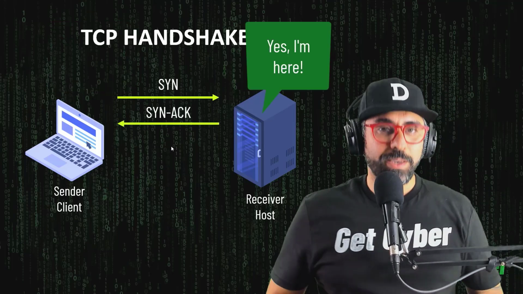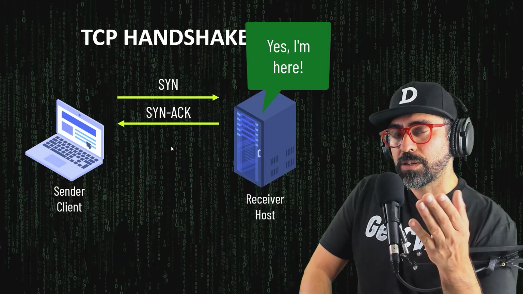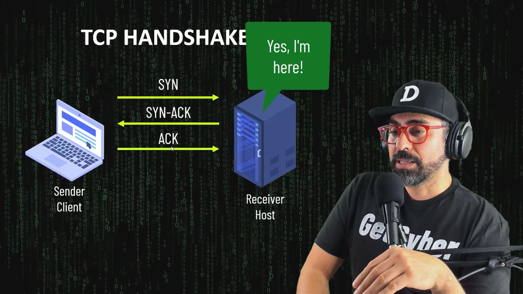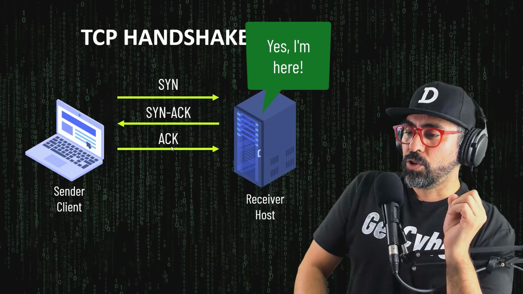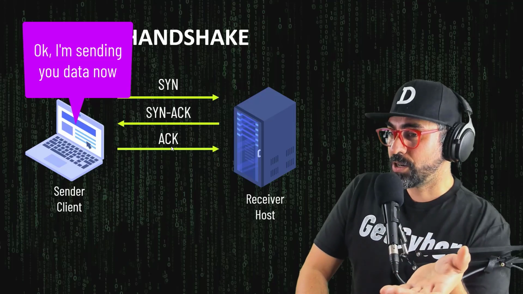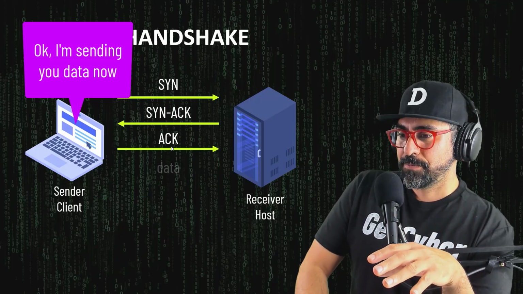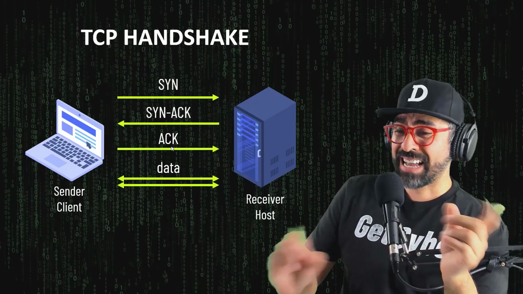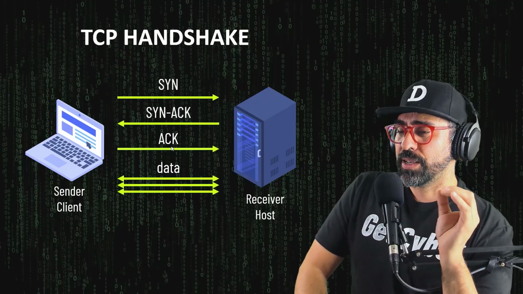It says, yes, I'm here, right? ACK is for acknowledgement. Then the sender sends back an acknowledgement saying, yes, okay, you're there. Now I'm going to send you more information. I'm going to start the data streaming. And that's how the data starts to get streamed back and forth from the sender to the receiver, etc.